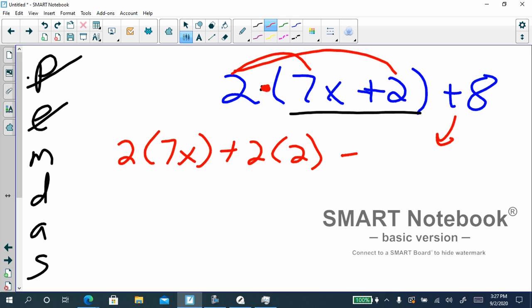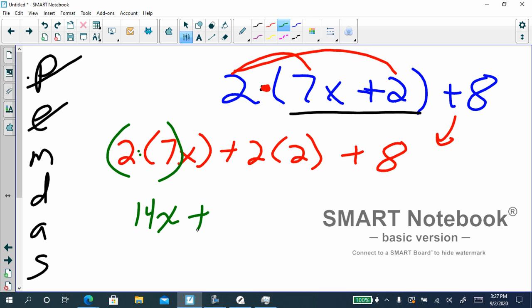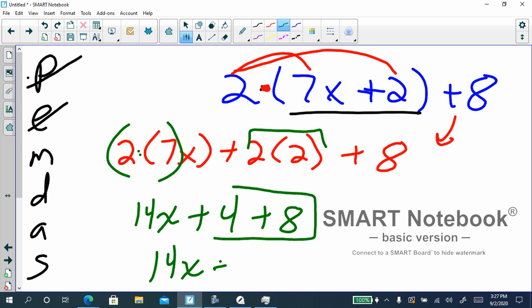And then don't forget to bring down the plus 8. We're not multiplying times the 8 because it's not in the parentheses. So if we reassociate here, 2 times 7 is 14 times x. Here, 2 times 2 is 4, and then plus 8. So if we combine the 4 and the 8, because those are just numbers, 4 plus 8 is 12. And that's as far as we can go with this one because x's and just numbers are different, so we can't combine those.